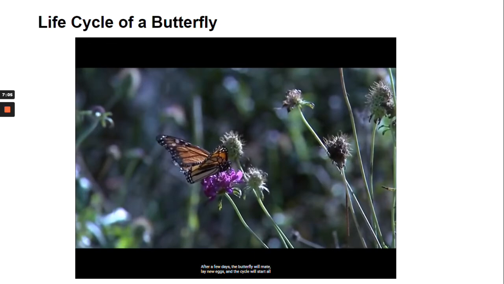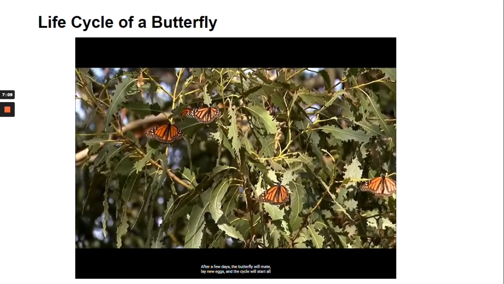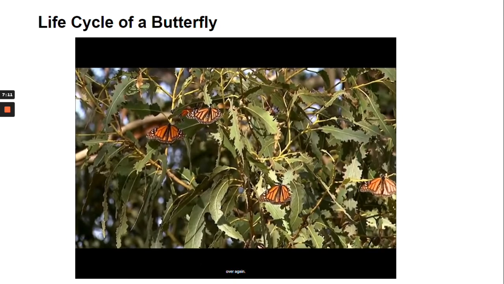After a few days, the butterfly will mate, lay new eggs, and the cycle will start all over again.